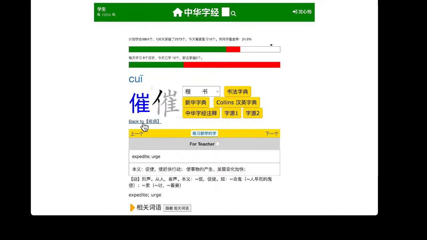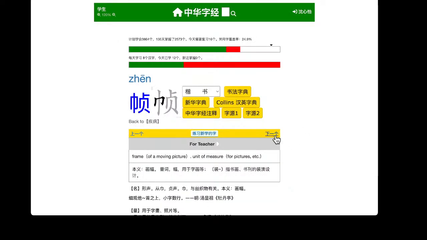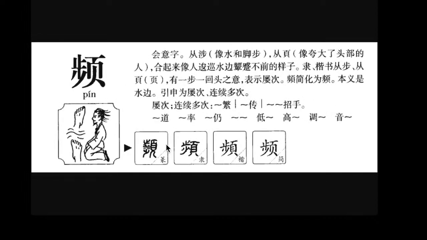If you look at the etymology on these, we did go over this one. This is ping. So originally in ping, on the left you see the feet walking. But in the really old version of this character, it wasn't just feet walking. There was a stream of water in between, so you're kind of crossing through a little creek or a stream.